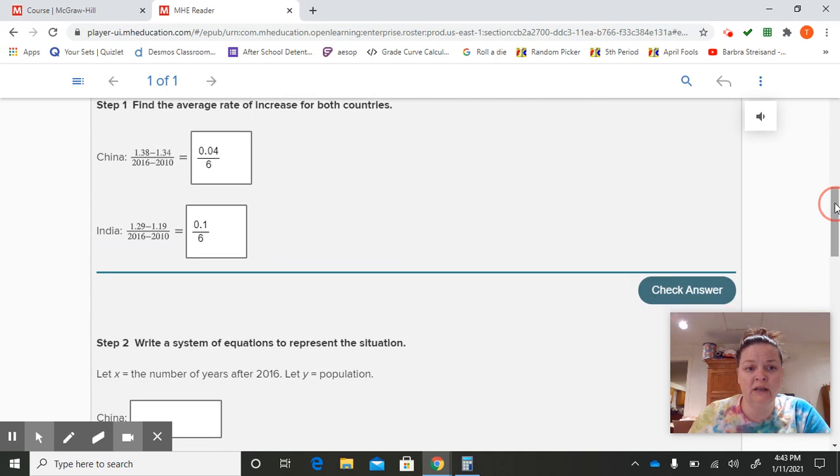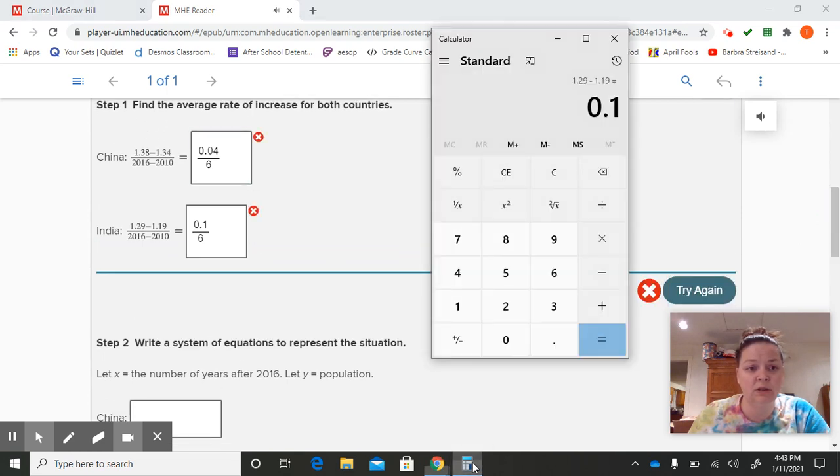Does it want that as one single number? It doesn't want it as a fraction. So let me, oops, not divided by, minus 1.34. I'm going to put this into a number divided by 6.